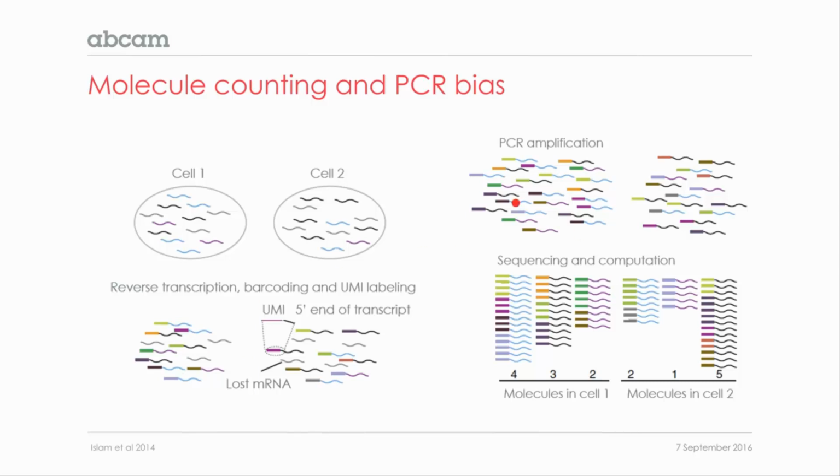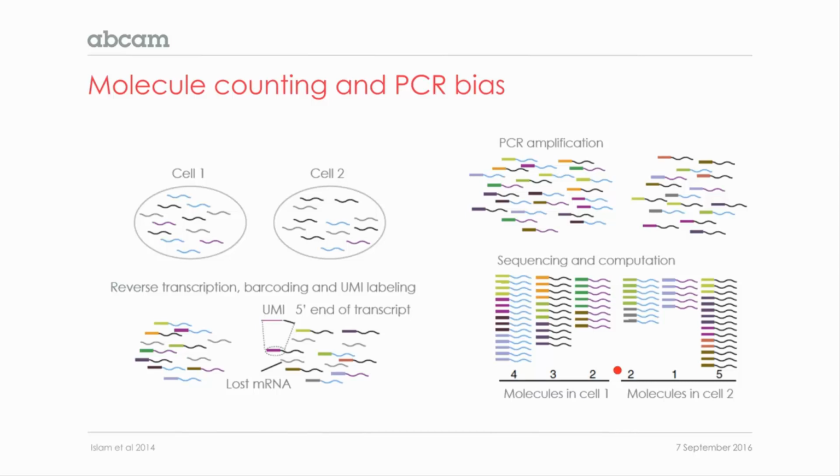So now we amplify it, and then we put together all the blue molecules. So again, if I look at cell 1, I don't look at how many reads, I look at how many different molecules, and the same in cell 2. So the final quantification that I want to make is that in cell 1 we had 4 molecules, while in cell 2 we had 2 molecules.